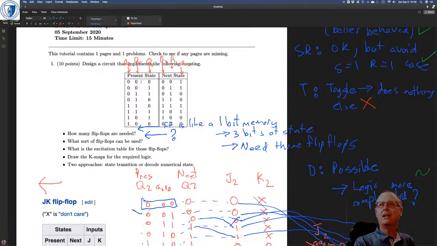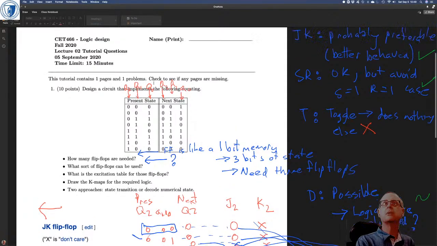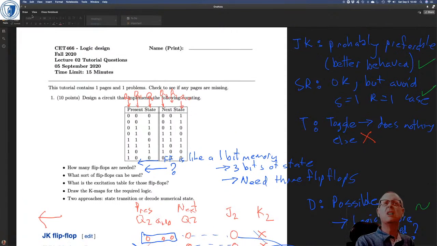And the current value of each of the Q bits, the Q2, Q1, and Q0 are these ones. And what we want to happen is, in fact, let me draw it up. Maybe. Yeah, that'll do.